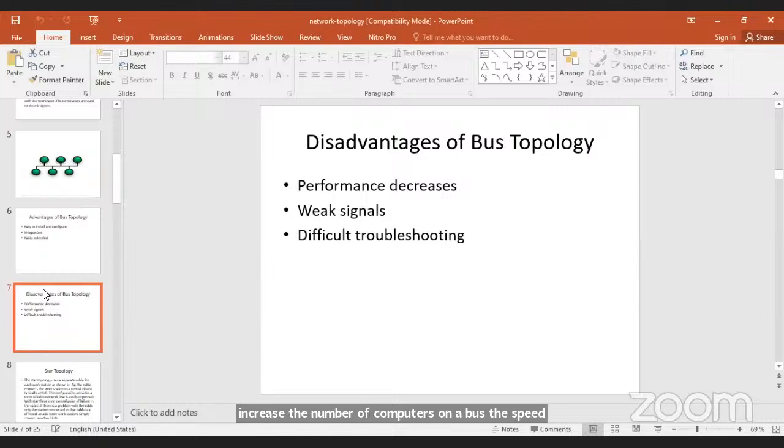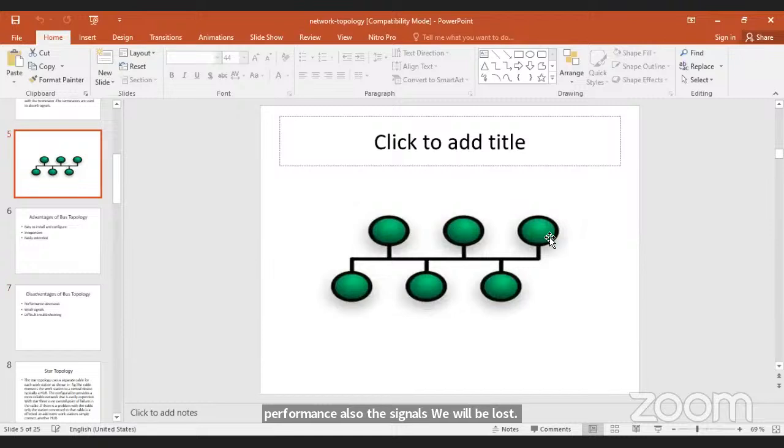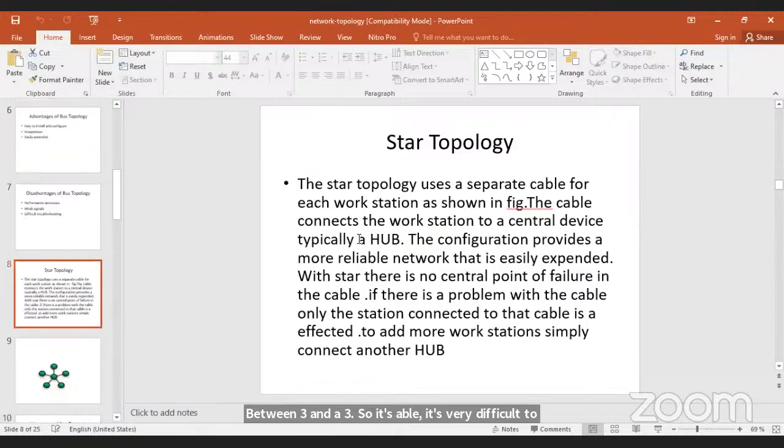It will reduce the performance. Also, the signals will be lost. Sometimes it's also difficult to troubleshoot. So let us assume we have these 5 computers and this network breaks between the 3 and the 4. It's very difficult to troubleshoot where the problem is coming from.